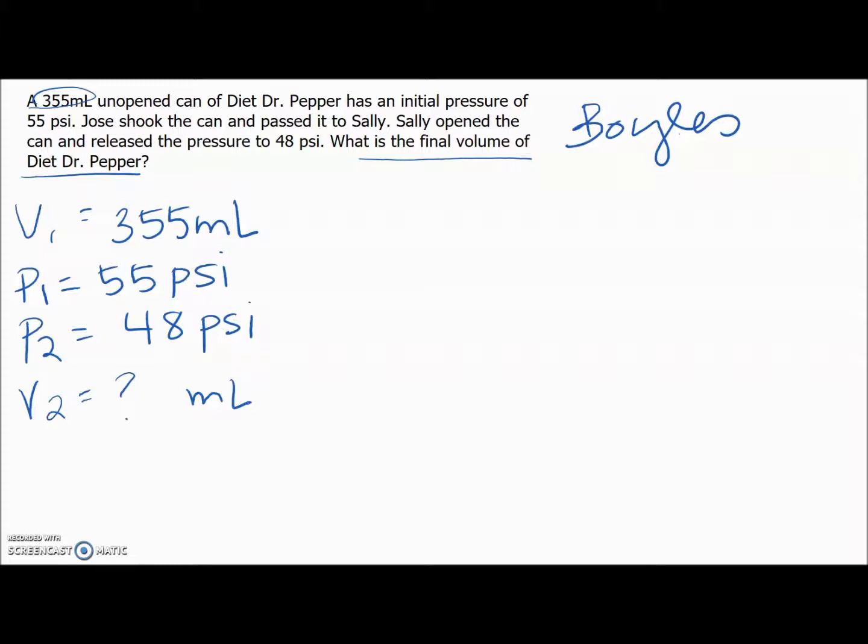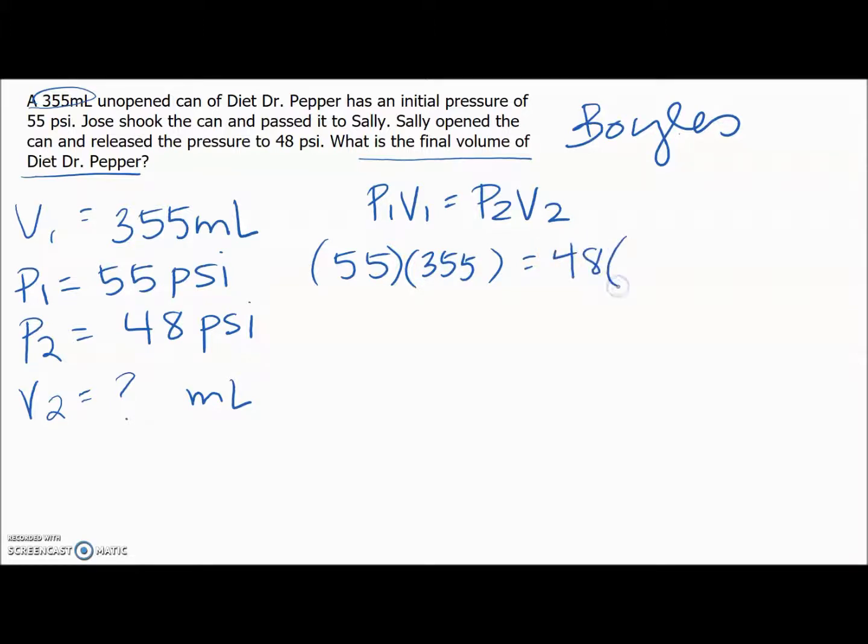So the final step in your helpful guide is to check that your calculations confirm your relationship. So if I were to quickly solve this, my formula is P1 times V1 equals P2 times V2. So when I plug this in, P1 was 55, and I'm just going to leave out the units in the calculations to make things a little bit easier, times V1, which is 355, equals P2, which is 48, times, well, I don't know that one.